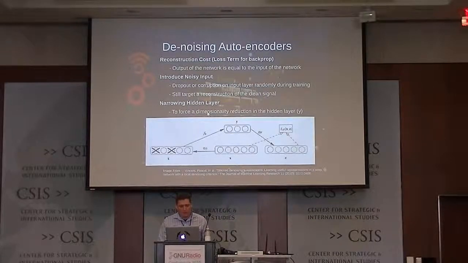And the fact that you're going through this narrowing hidden layer here, where y is a lower dimension than x and z in many cases, means that you're finding a low-dimensional representation of x. And so there's long been many ways to do dimensionality reduction, like PCA has been a very popular one for many years. But this is kind of interesting because it's a completely nonlinear way, depending on your activation function, to compress x into this hidden layer y. So it's pretty exciting to see what people are starting to use this for.